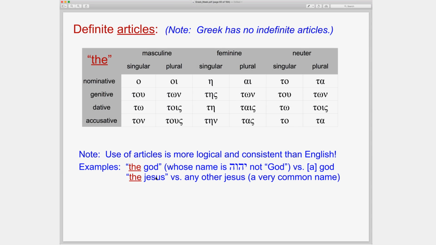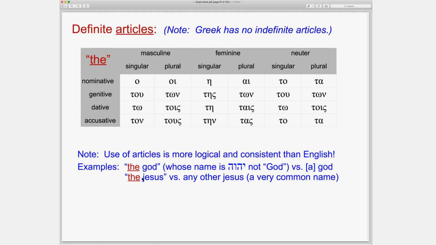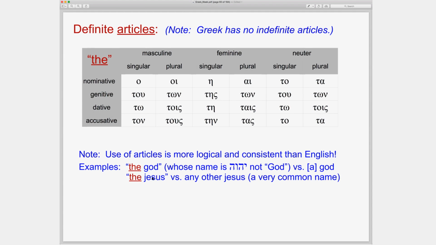Likewise, Jesus is a very common name in those times, in Greek times, in the culture, and I know that Lou will be quick to tell you that in Hispanic places, Jesus is very common as well. So you walk up to a house and knock on the door and say, hey, do you know Jesus?